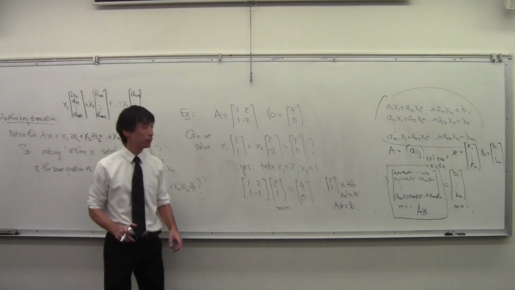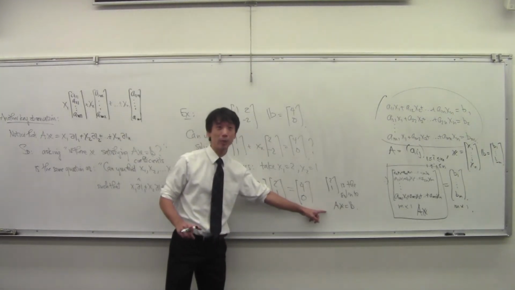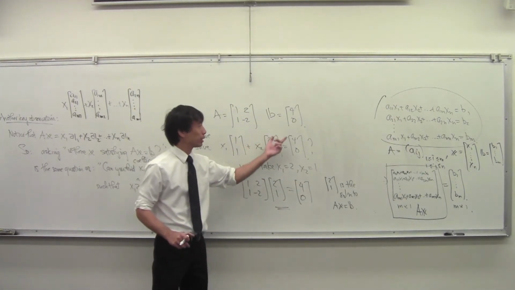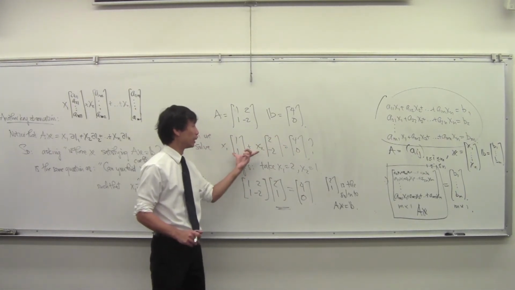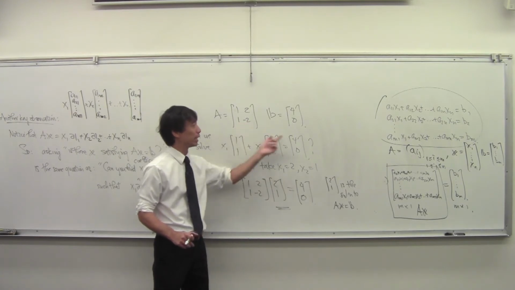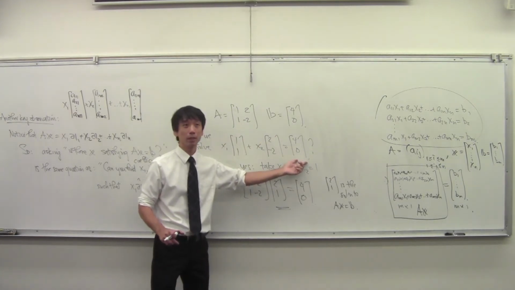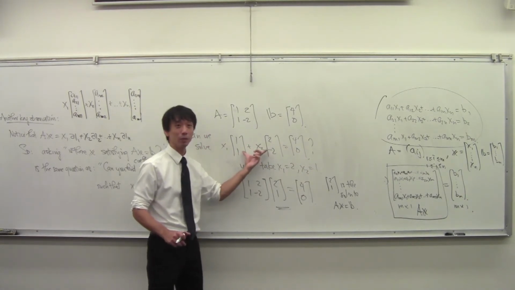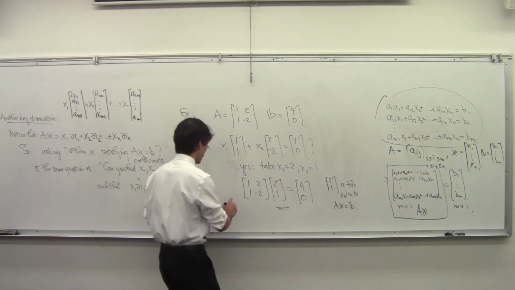Okay. So solving Ax equals b is the same thing as answering, can I find combinations of the columns that give me b? Can I realize b as a combination of the columns of A?